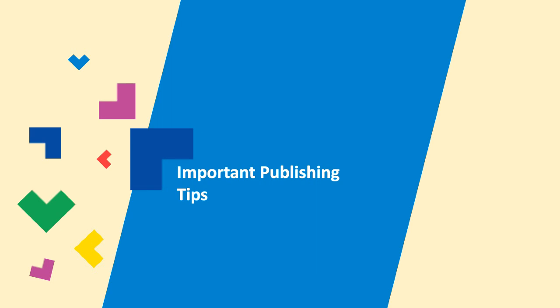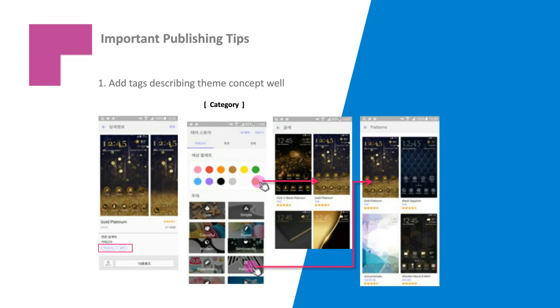I'll share a couple of important tips that will help you get more downloads for your theme app once it's in the theme store. The number one important tip is adding the right category to your themes. If I choose the right color palette or right pattern for my theme, it's easier for the user to search for the theme.